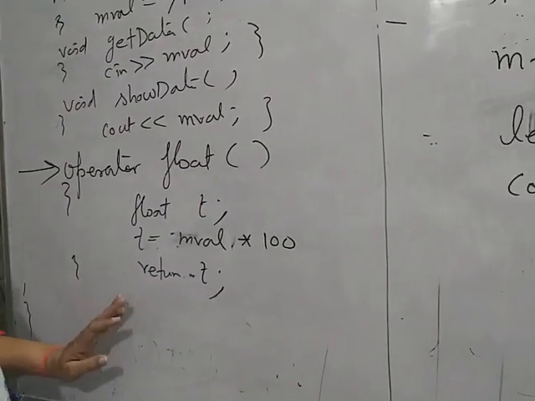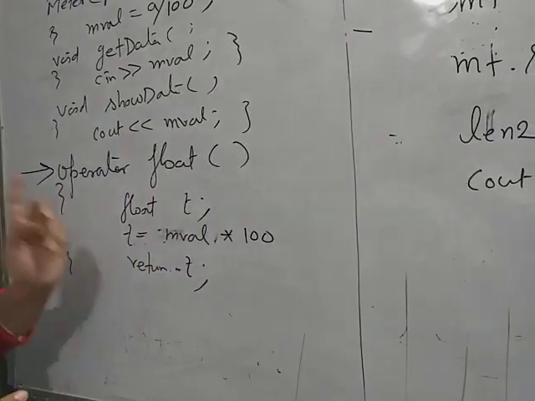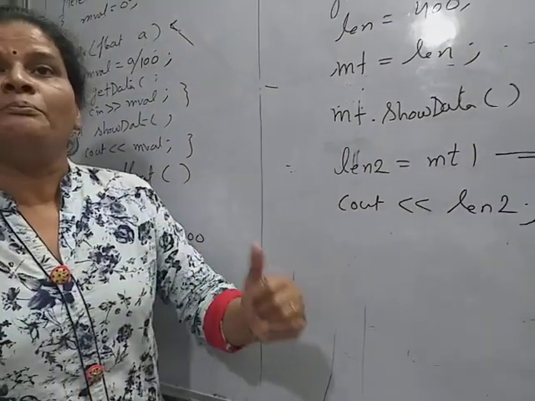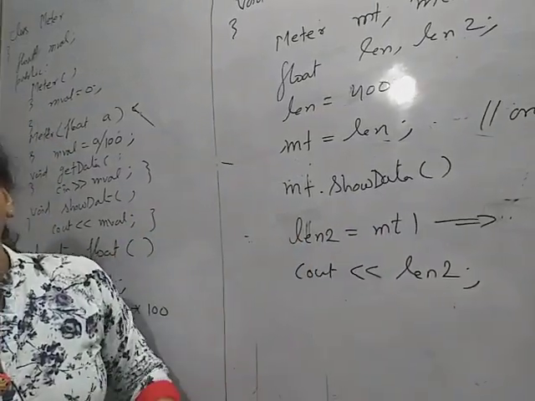So either you can use a one argument constructor or a conversion routine, depending on whether you are going to convert basic type into user defined type or user defined type into basic type.